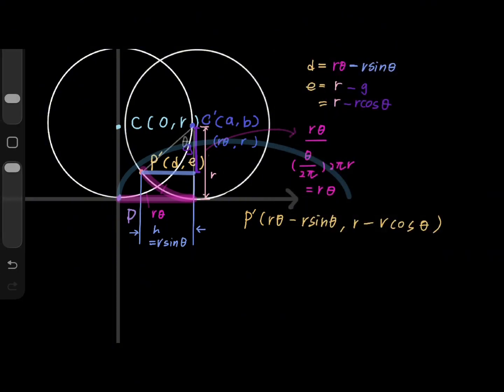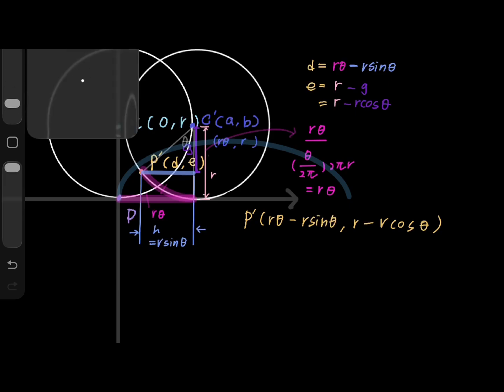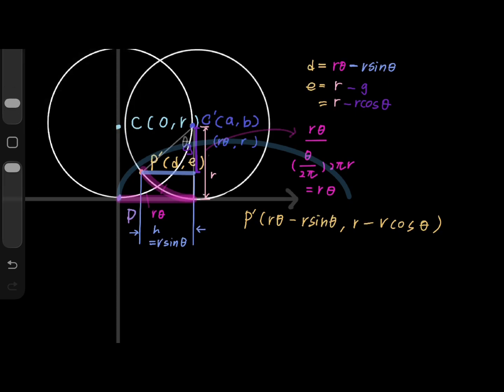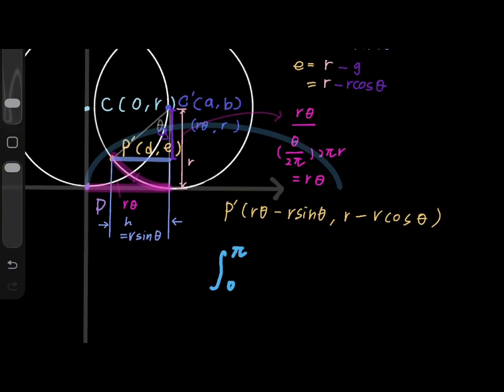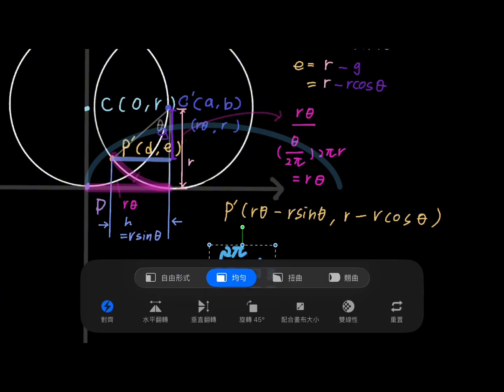So to know that, we need to use the application of integration. So integration from 0 to 2 pi, one round, right? One circle of your ds. And let's do it step by step.